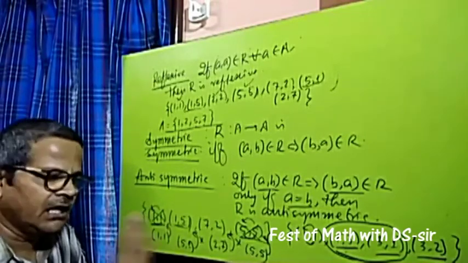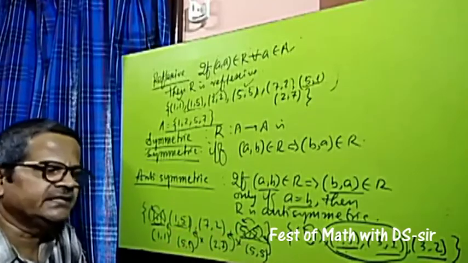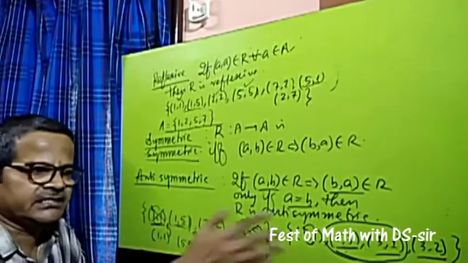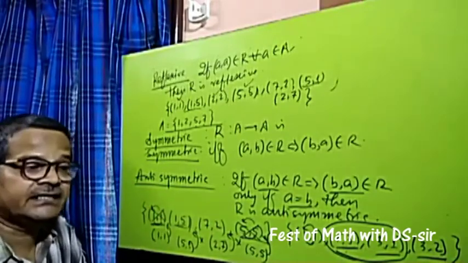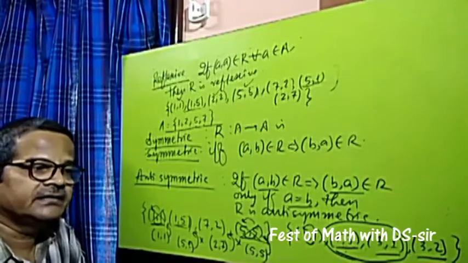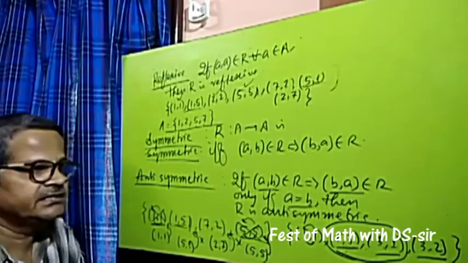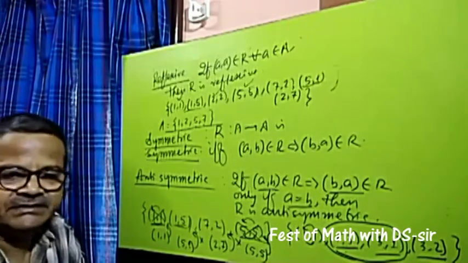If none of them has its symmetric couple present, then it is anti-symmetric. If at least one of them has its symmetric couple present, then it is not anti-symmetric.